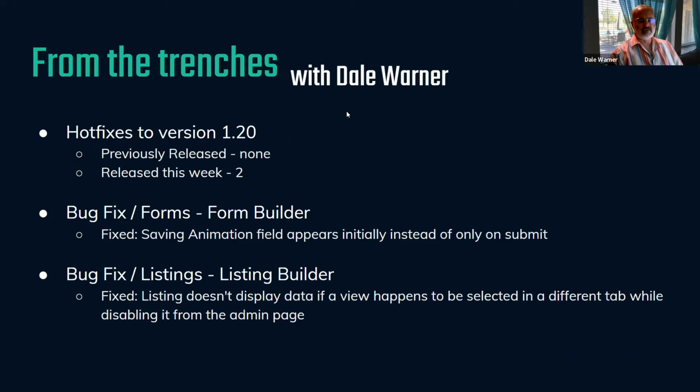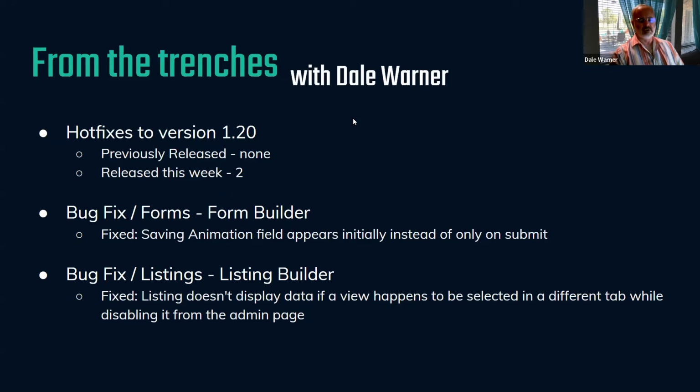We've had 2 hotfixes released to version 1.20. So if you are on 1.20, you might take a look at your hotfixes section. This is the first set of hotfixes released. There's 2. One to form builder, where we found a bug late in the process for Bootstrap 5, where if you have the saving animation, it appears initially instead of when you click the button.